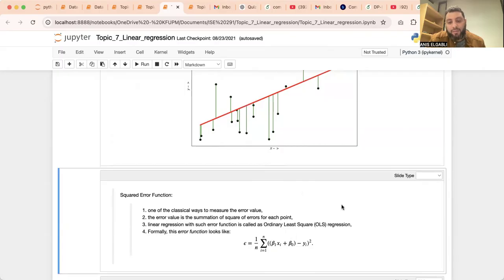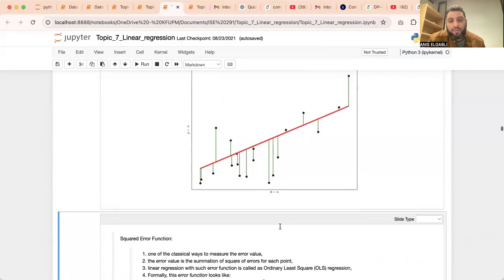In other words, there is only one unique global minimum. It's smooth and differentiable everywhere. These properties are very useful for the way we solve this problem, especially with a large number of samples and features. We will talk about that later on.